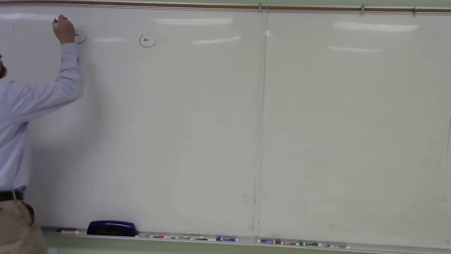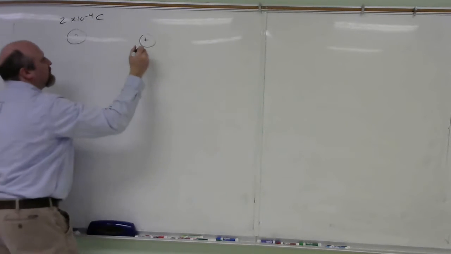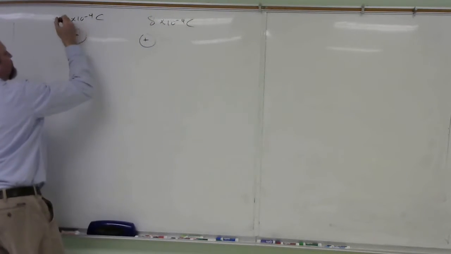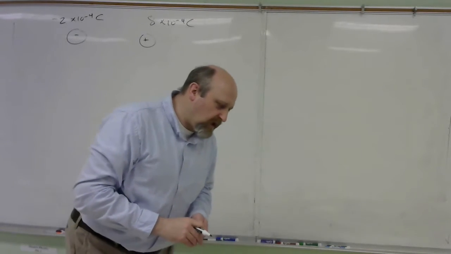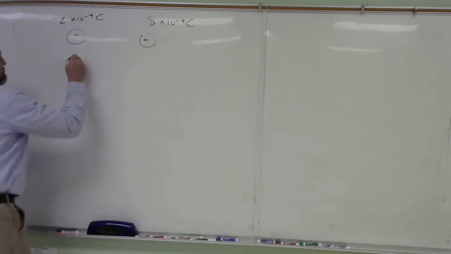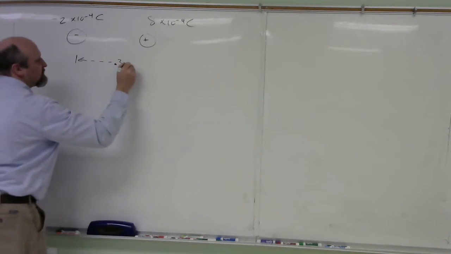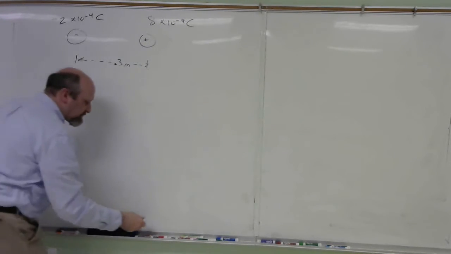They tell you that this is 2 times 10 to the negative 4 coulombs, and this one is 8 times 10 to the negative 4 coulombs. I guess this is a negative 2. And they tell you that these 2 charges are separated by 0.3 meters, between the middles of the charges. And they would like to know about the force.